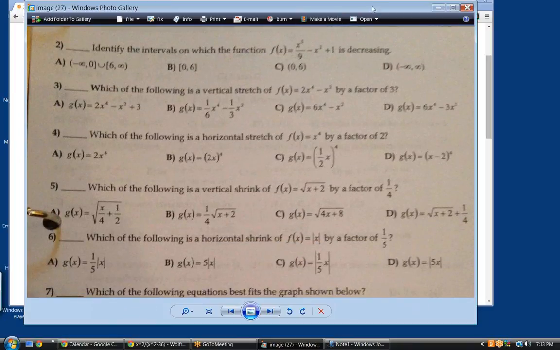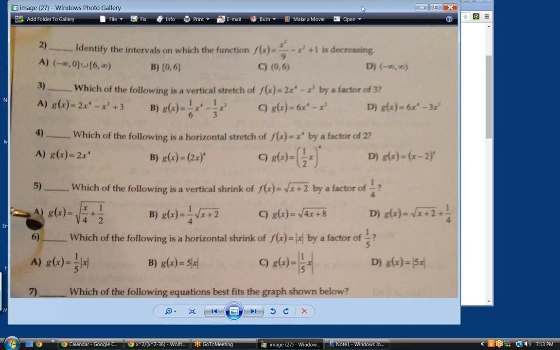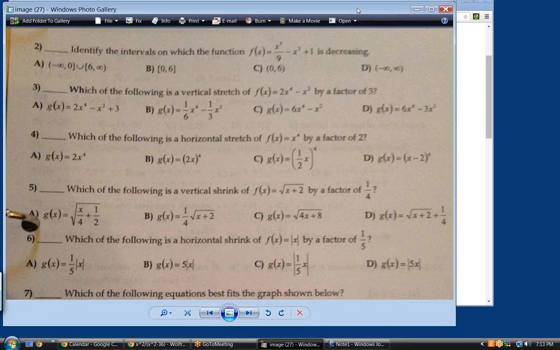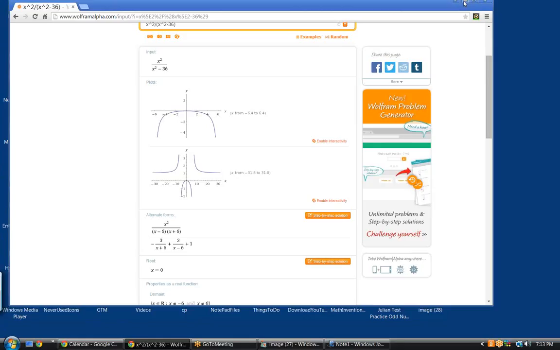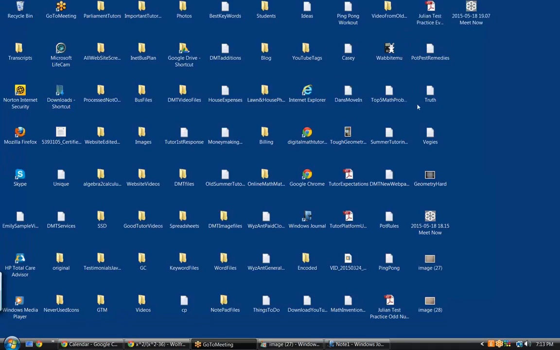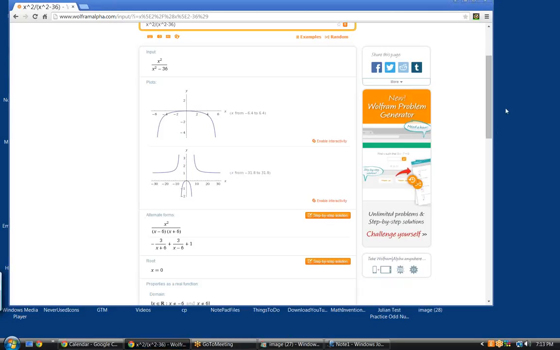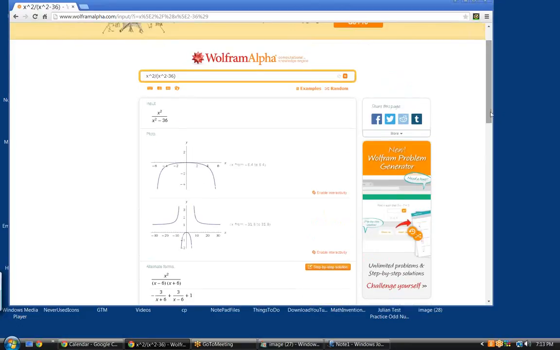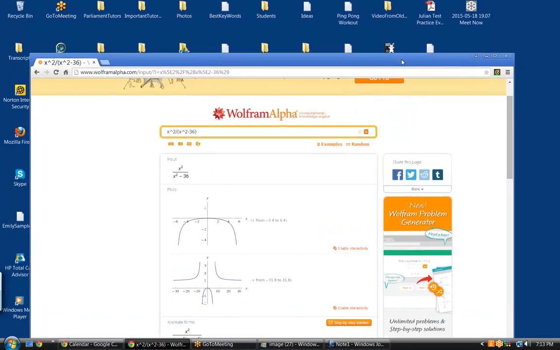What kind of calculator do you have? TI Inspire. Okay, unfortunately I don't have that one on my desktop. I've got a TI-84, but as long as I don't have a virtual Inspire, then let's graph them on Wolfram Alpha. Let's see, hold on a second.